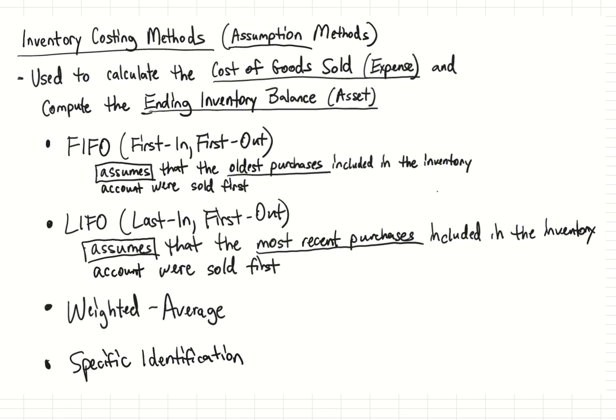That's taking the total amount that you paid for items and dividing it by the number of items that you actually acquired to get your average cost per unit. So that's the first part when it comes to using the weighted average method to recognize the expense and figure out what the inventory valuation is going to be.